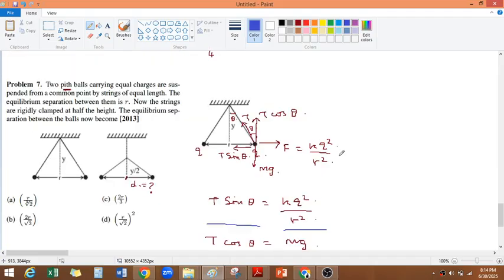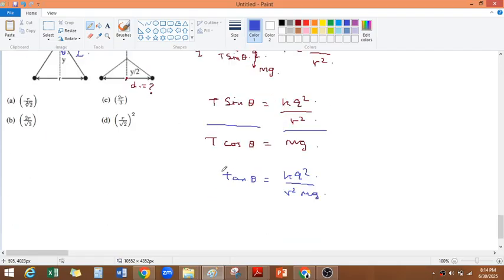Tan theta can be written as, இது எல்லுன்னு எடுத்துட்டோம் அப்படின்னாக்கா இது வந்து theta. So tan theta is equal to opposite by adjacent. So that means r by 2 by y. So r by 2 divided by y. So divided by y now can be written in the denominator.